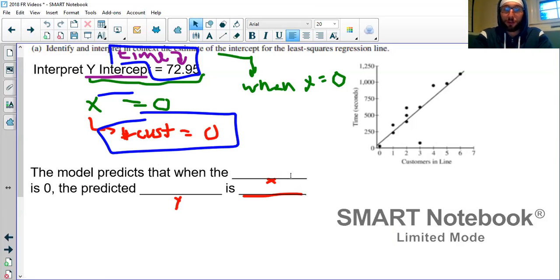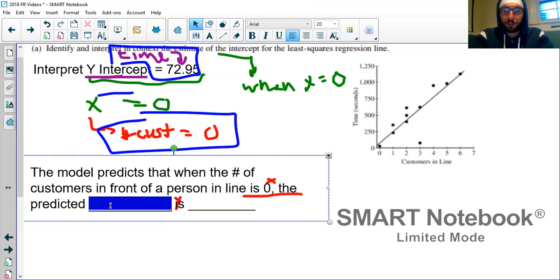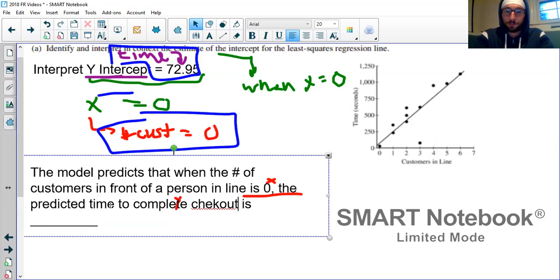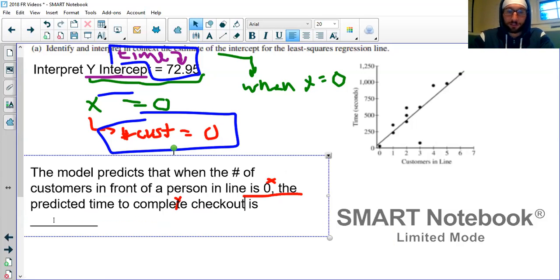So when the number of customers in front of a person in line is 0, the predicted time to complete checkout is 72.95 seconds. And that's it.